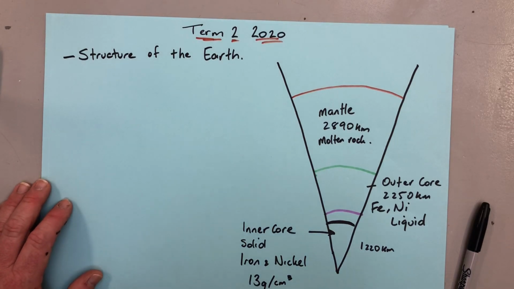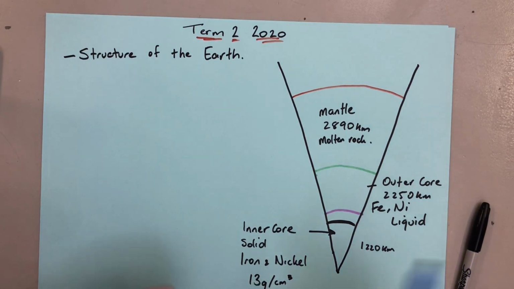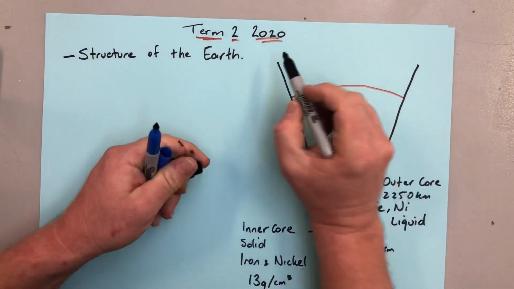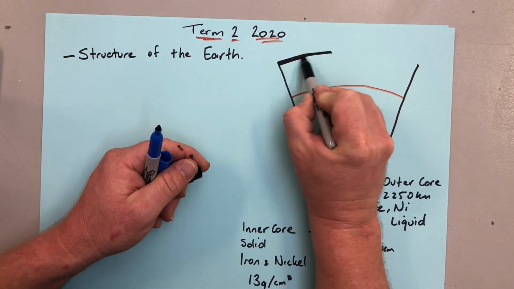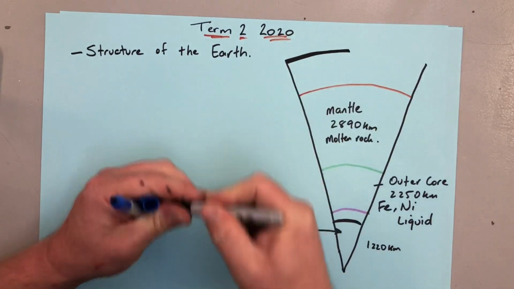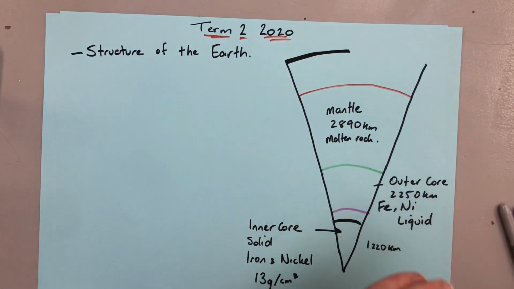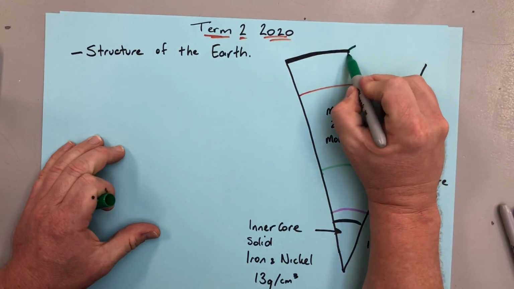Now, let's go to our top 2 layers. I'm going to draw a little thin layer here. Draw a slightly thicker layer here.